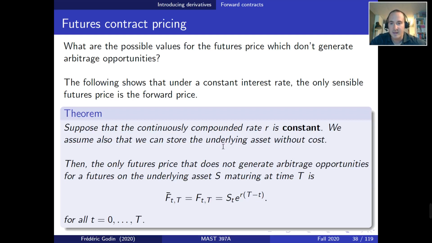Then the only price for the futures on an underlying asset S, which matures at time capital T, is equal to this relationship. Another assumption, maybe not explicitly written here, is that no dividends are paid by the underlying asset. So the stock does not pay dividends until time capital T, which is the maturity of the futures.